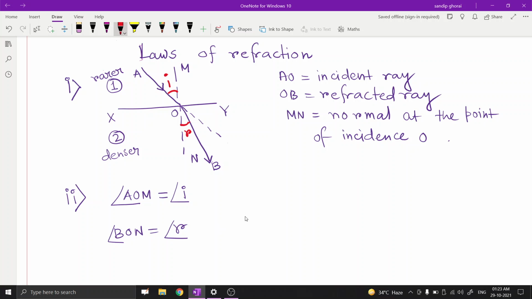So for this case we say sine i upon sine r is equal to a constant.